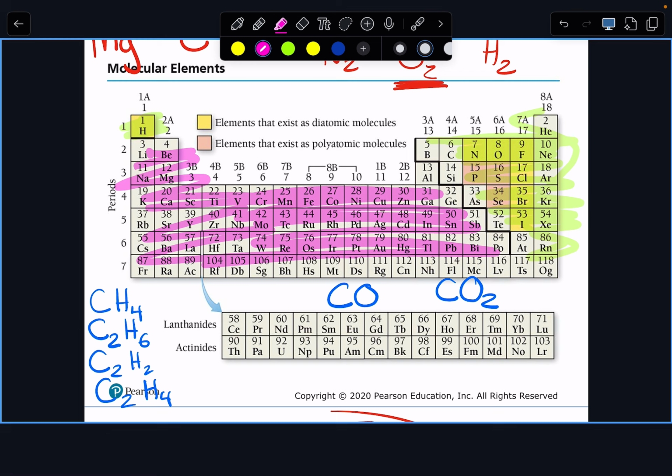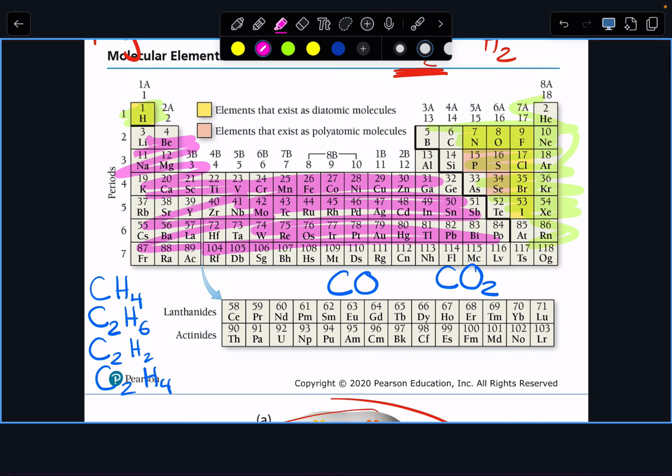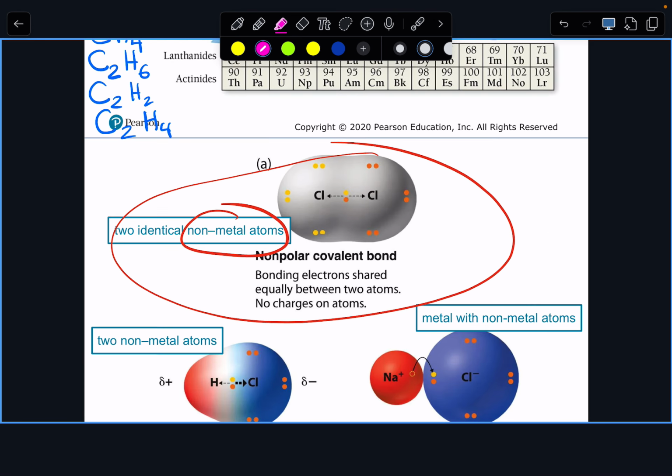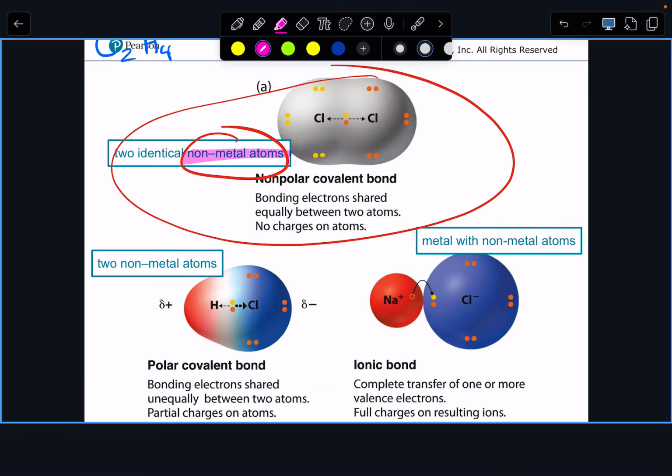A covalent is always just nonmetals. An ionic is a metal with a nonmetal. So that's written down right here. Highlight it for yourself if you need to. Covalent is nonmetals. This one over here, we're going to come back to, don't worry about this polar or nonpolar thing. We'll come back to that. But the star is for me, so I know we need to come back to it. They're both nonmetals. They're both variations on covalent bonds. Whereas an ionic bond is a metal with a nonmetal.